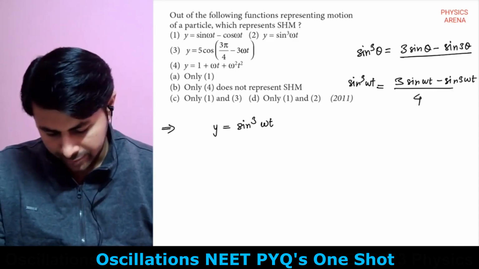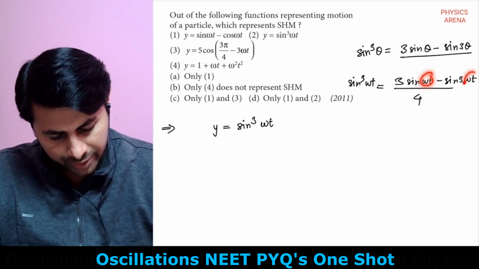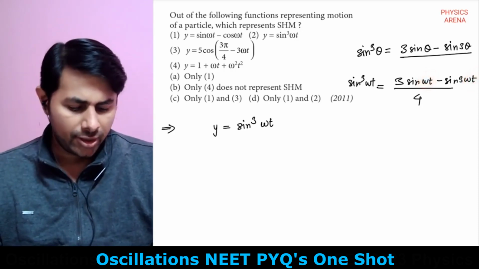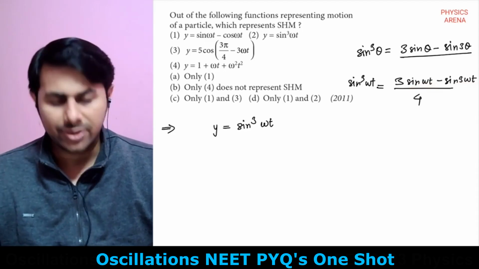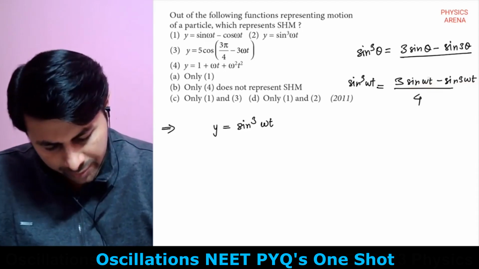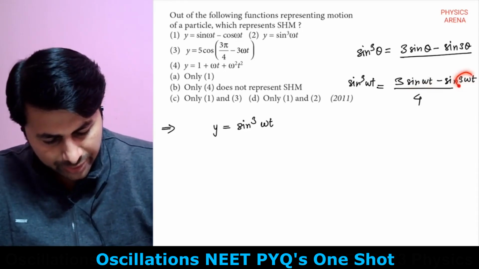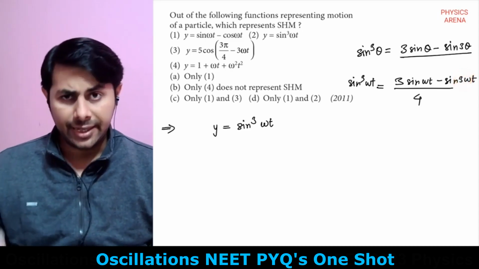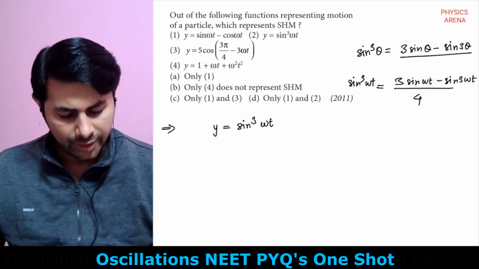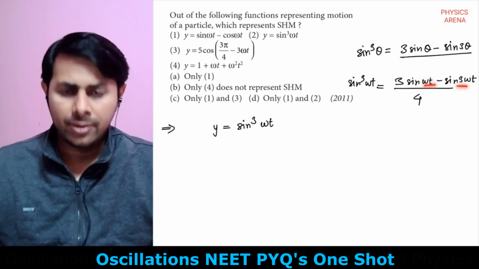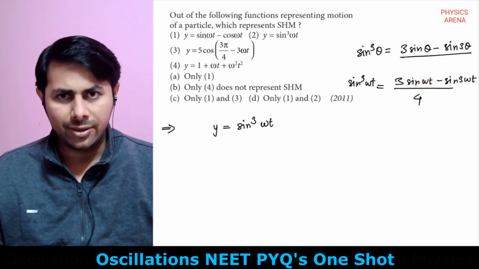Now the frequencies of this one and this one are different. Frequencies are not the same, right? The frequency of the second term is 3 times the first term. So this will be some periodic function.